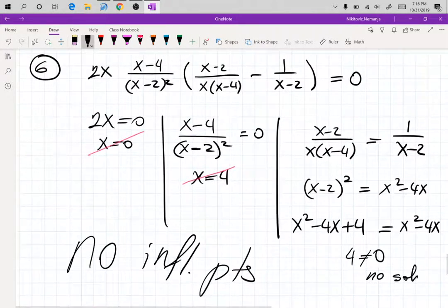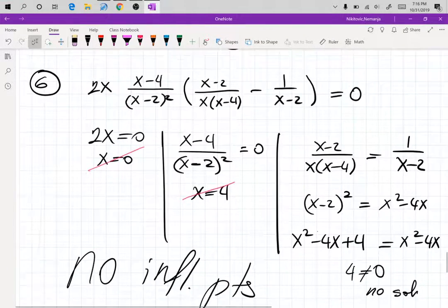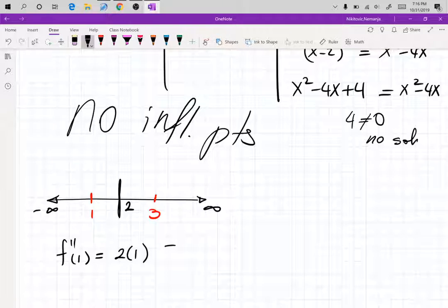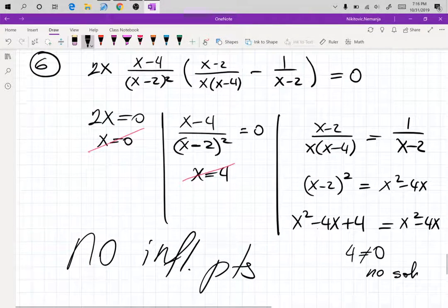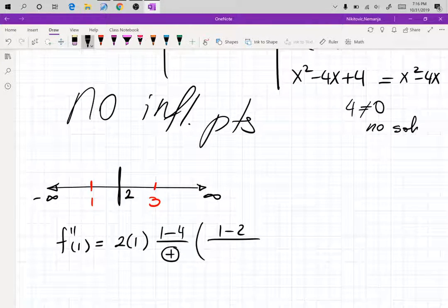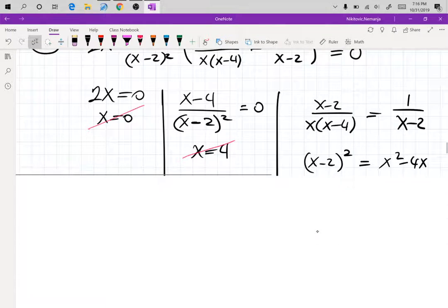So what do we have? We have 2 times 1, 1 minus 4 over something positive, and then we have 1 minus 2 over 1 times 1 minus 4, minus 1 over 1 minus 2.